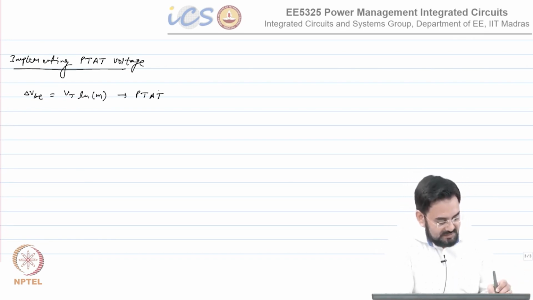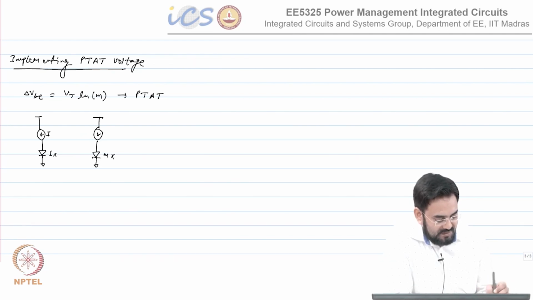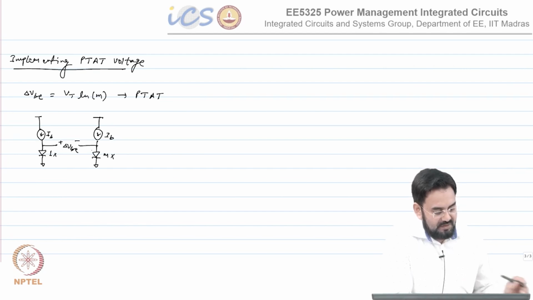So, how do you do that? You can have 2 devices. So, if this is 1x and this is let us say m times, and these currents are same, I will call it IB, then the difference between these two will give you delta VB or PTAT.